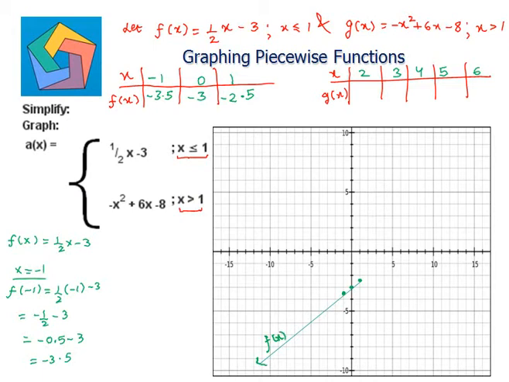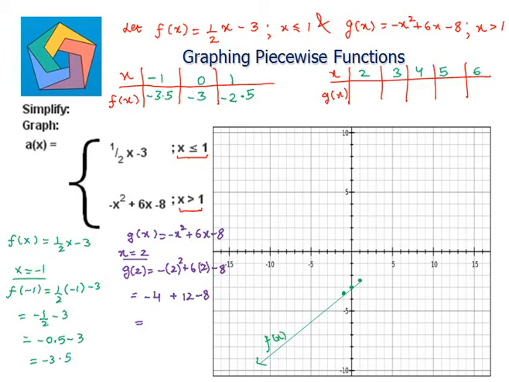Now let's graph g(x). My g(x) is minus x squared plus 6x minus 8. So let me find g(x) at x equals 2. So g of 2 will be minus 2 squared plus 6 times 2 minus 8, which is minus 4 plus 12 minus 8.